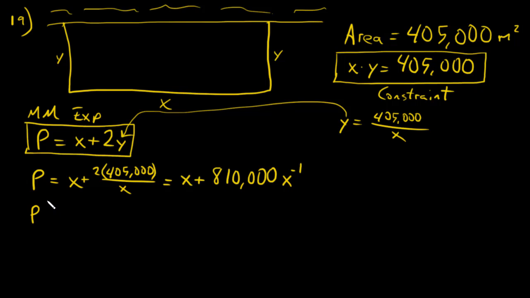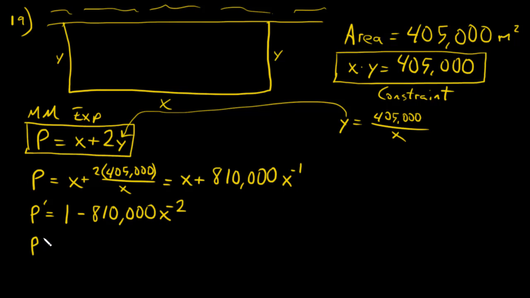So now I'm going to take the derivative. P prime is going to equal, well, the derivative of X is 1, and then it's going to be a minus sign because I've got a negative exponent here. So negative 1 times 810,000 is negative 810,000, and then X to the what? Negative second. Now that I've taken the derivative, I set it equal to 0.